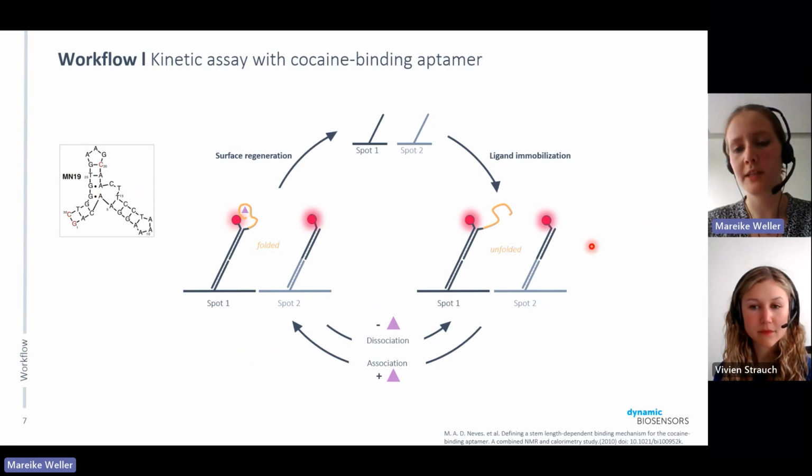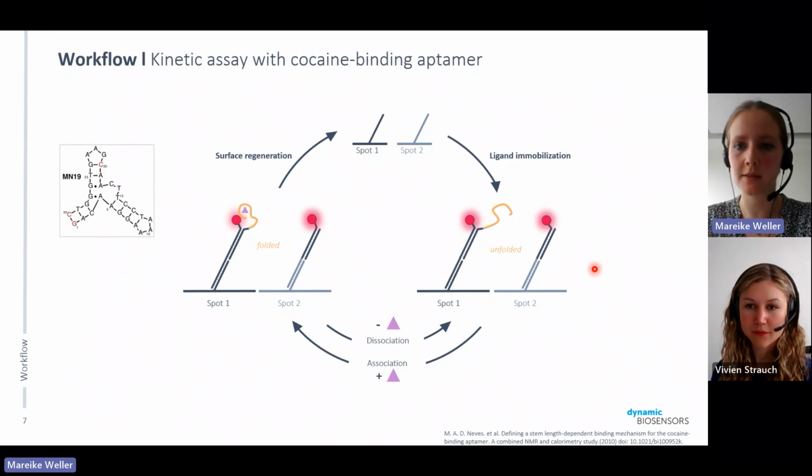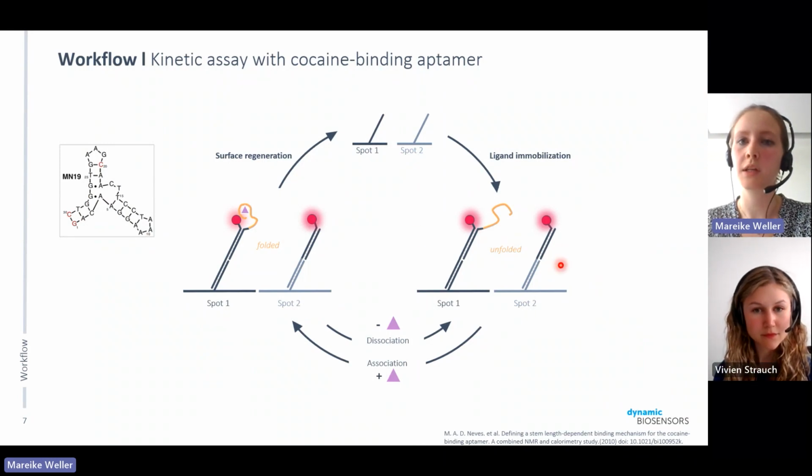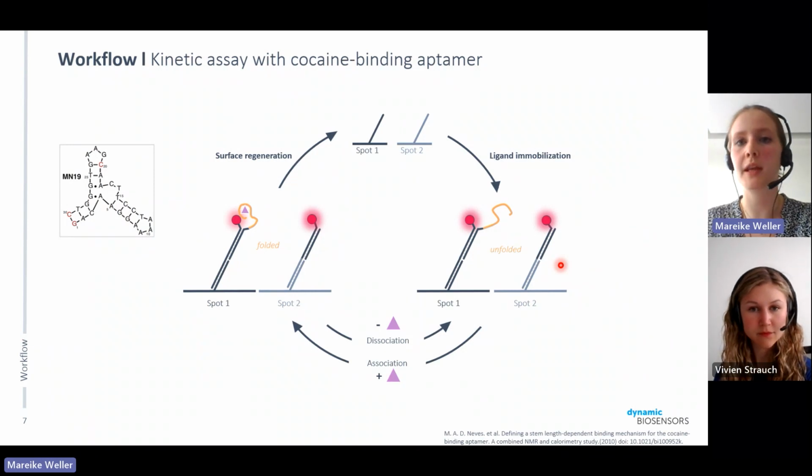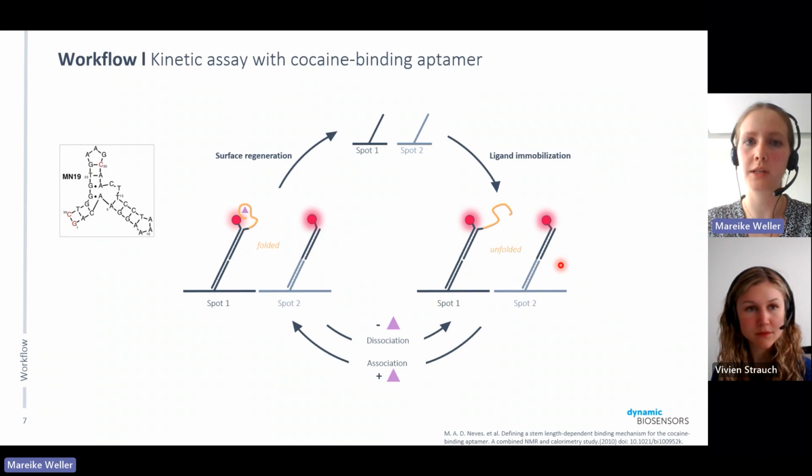If you have some autofluorescent components or small molecules, you could use the signal on SPOT2 to real-time reference. If it's so highly fluorescent that you don't see a difference anymore for spot 1 and spot 2, then maybe it's also a concentration issue, because usually with high throughput screening, you go in with very high concentration at first. But if you encounter these things, then maybe you can lower your concentrations for these compounds.